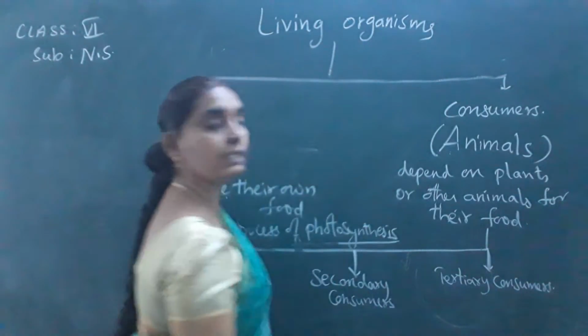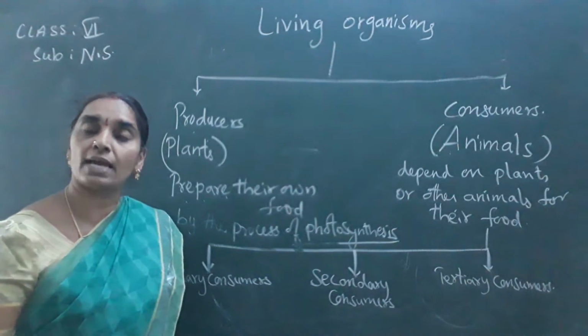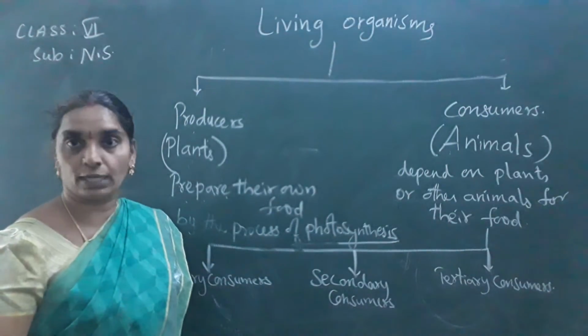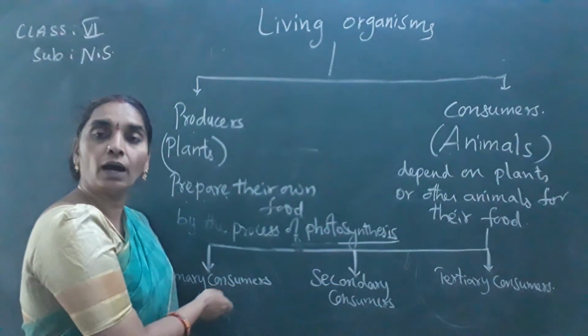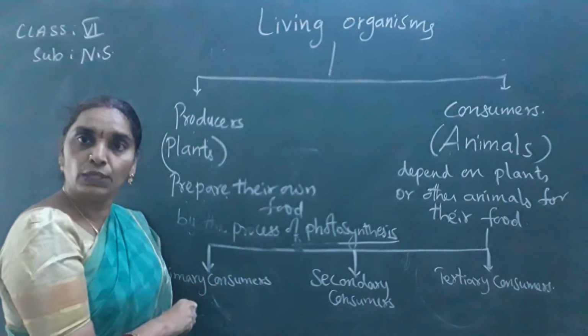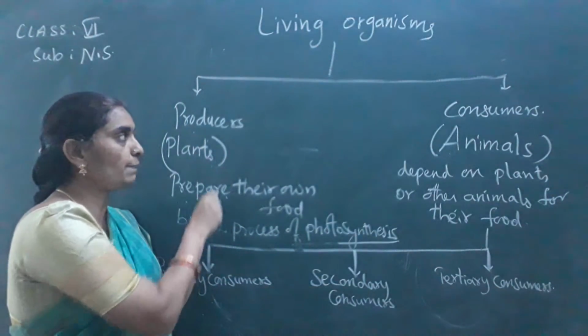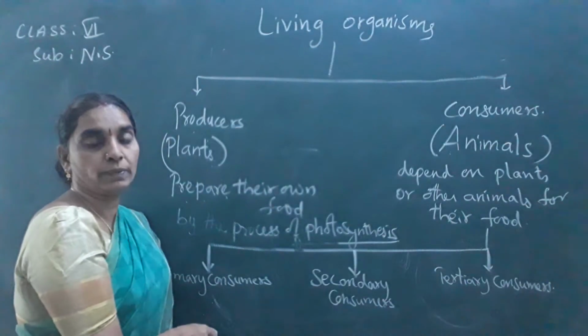You already learned about the classification of the animals based on their food habits as herbivores, carnivores and omnivores, isn't it? So now the primary consumers are herbivores. They depend on only plants for their food. They are called primary consumers.